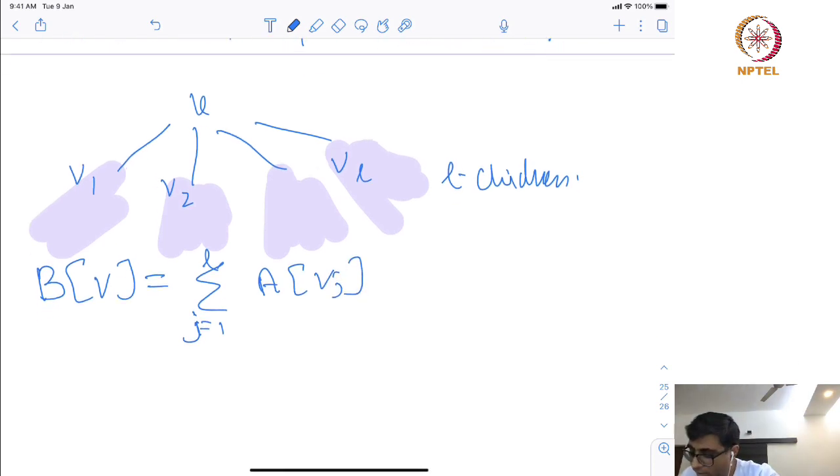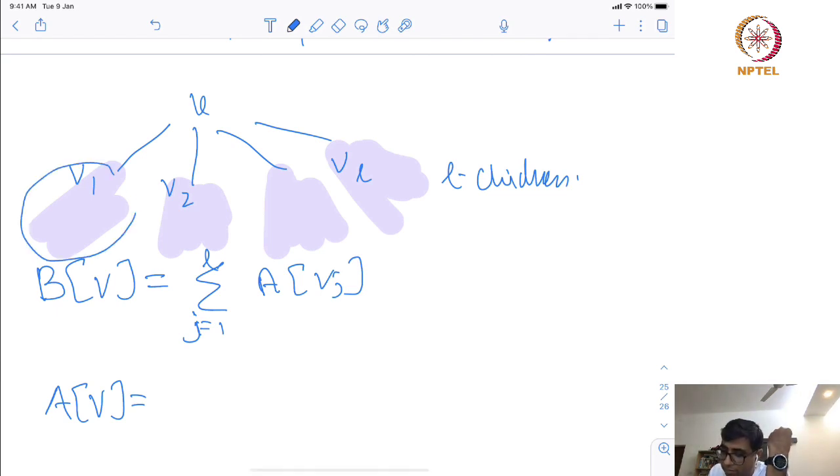Now, what is A of V? You are probably going to contain V in your independent set. If you contain V, then you cannot contain V1 to VL. It means in the subtrees you are looking for a max weight independent set that does not contain the child, which we have already computed.